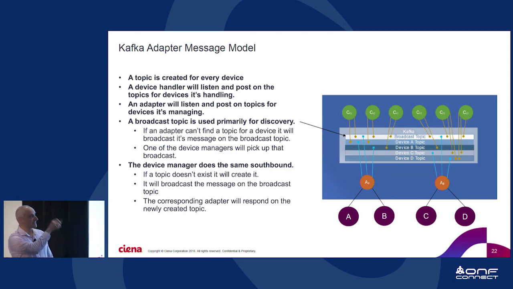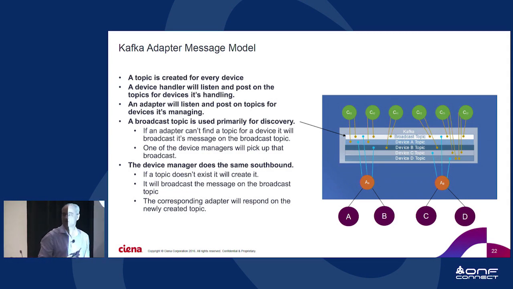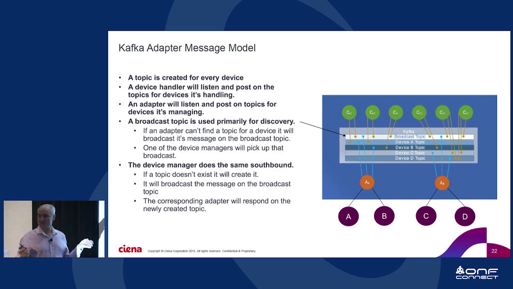So the device handler will then create the topic, and then the two will communicate through the topic from that moment forward. So, for example, the discovery of an ONU: the ONU doesn't exist initially, and when it's discovered, the topic will get created for it, and the communication for that will happen through the created topic. So that's the Kafka messaging model.